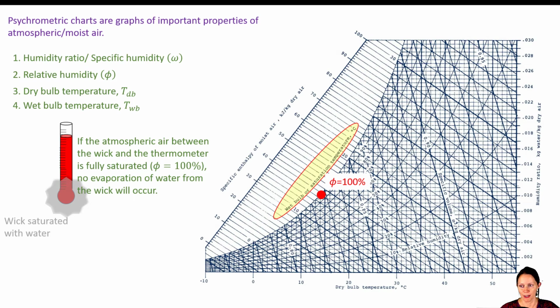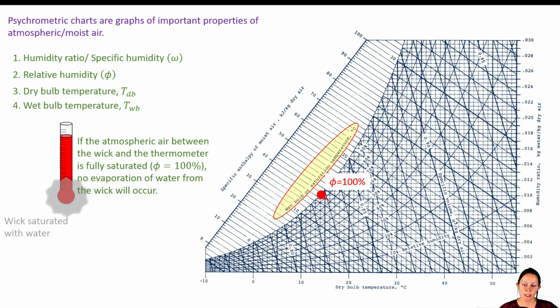One side note here. If your atmospheric air is fully saturated, so that no further evaporation of water from that wick can occur, that would be the case if your relative humidity was 100%. Say I'm right there on that relative humidity line of 100%. I've drawn a dot there corresponding to my state.